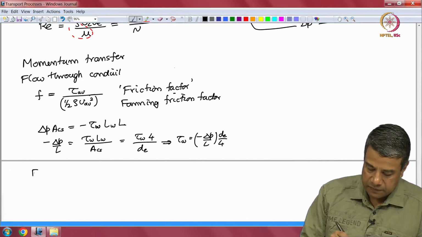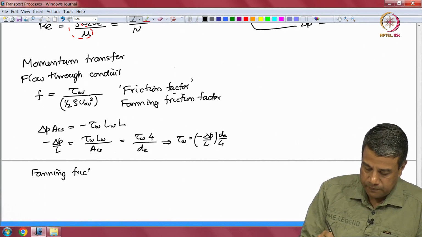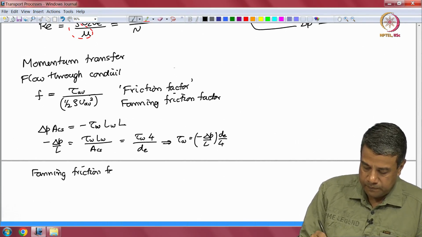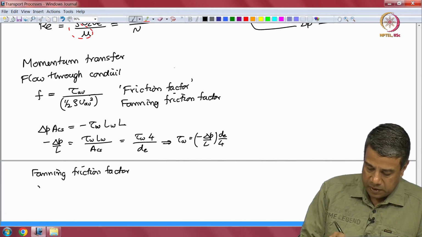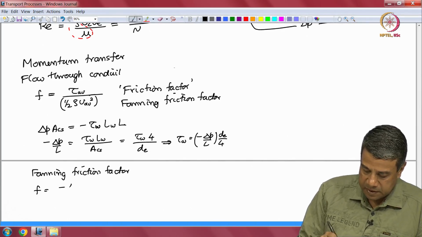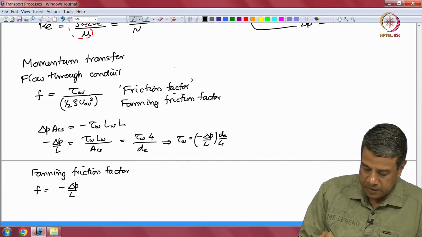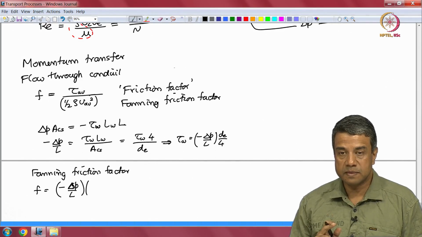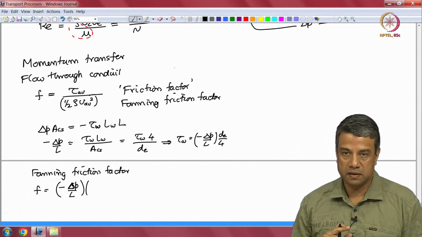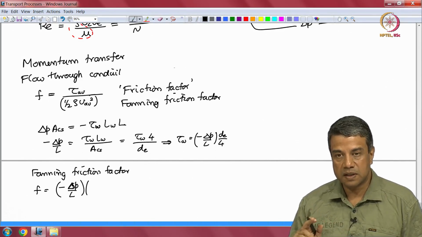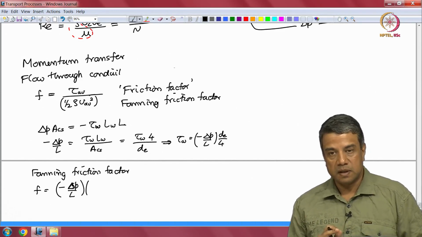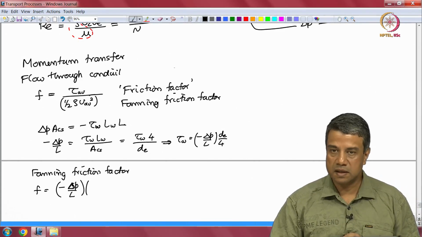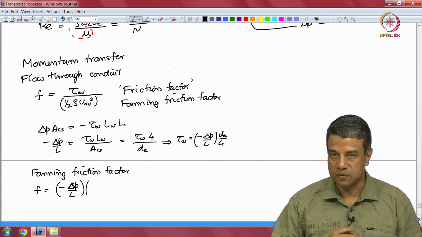Therefore, the fanning friction factor F can be written as minus delta P by L into dE by 4 into 1 by half rho V average square. Delta P is the difference between the outlet and the inlet, so it has to be negative. The pressure at the inlet has to be greater than that at the outlet for fluid to flow downstream.